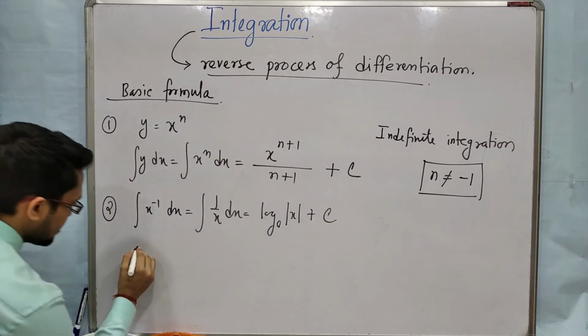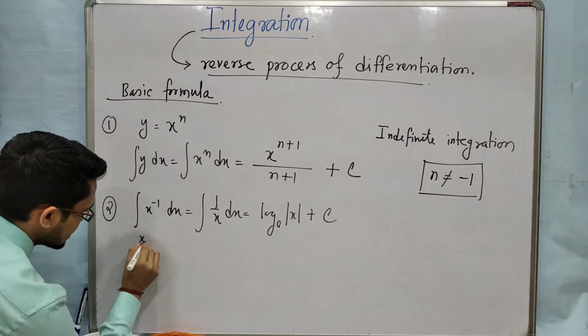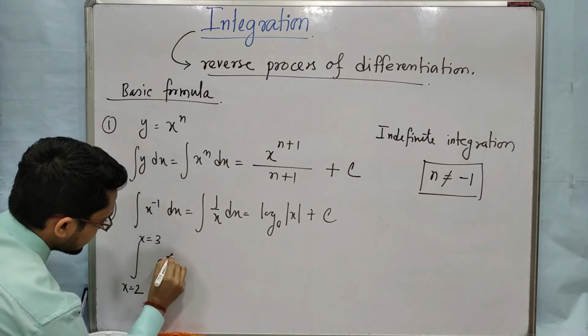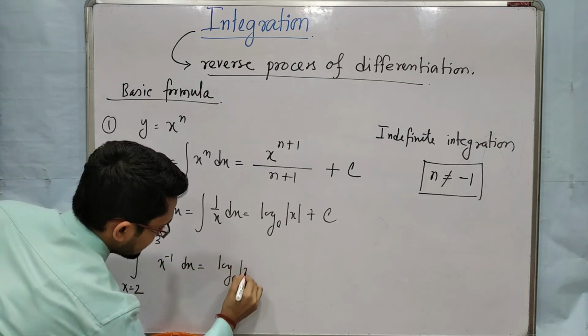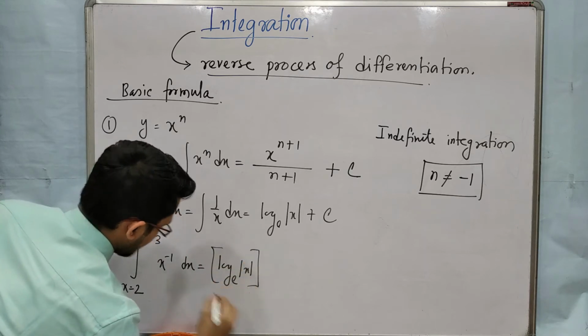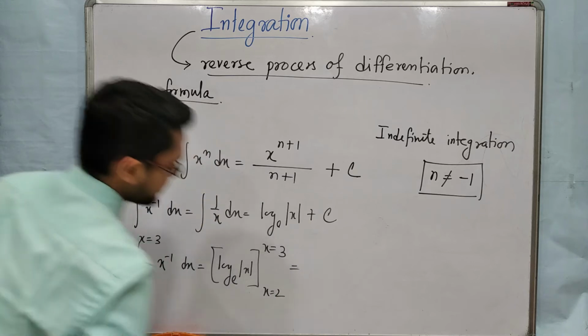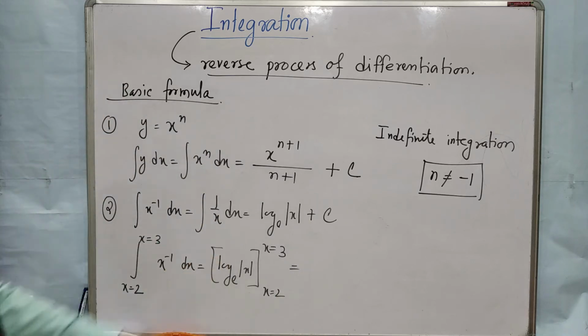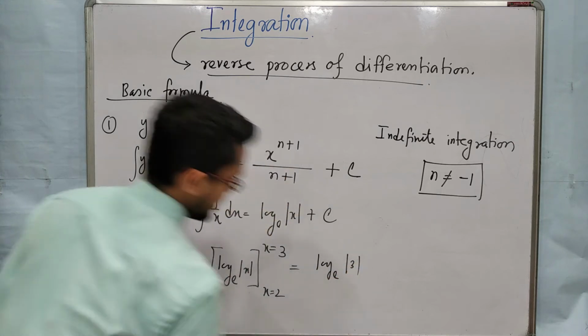Now look at one example that is definite. Suppose x equals 2 to x equals 3, x to the power minus 1 dx, so it will be log e mod x, lower limit 2, upper limit 3. First put the upper limit, so log e mod 3.